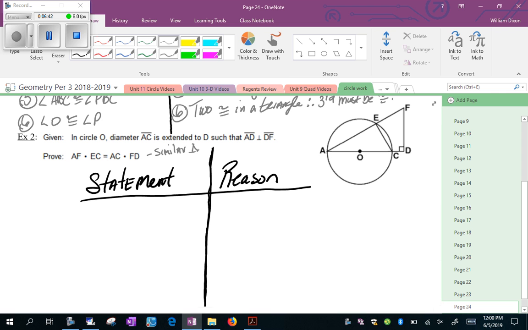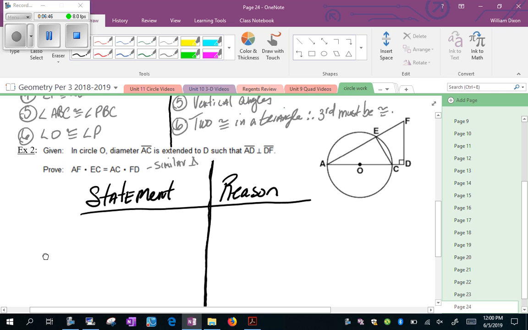Okay, so the first thing I'm going to do is I'm going to highlight what do I need to prove, which triangles do I need to prove are similar. So it says AF, and then I'm going to use another highlighter, EC, and then I'm going to have AC, and FD.